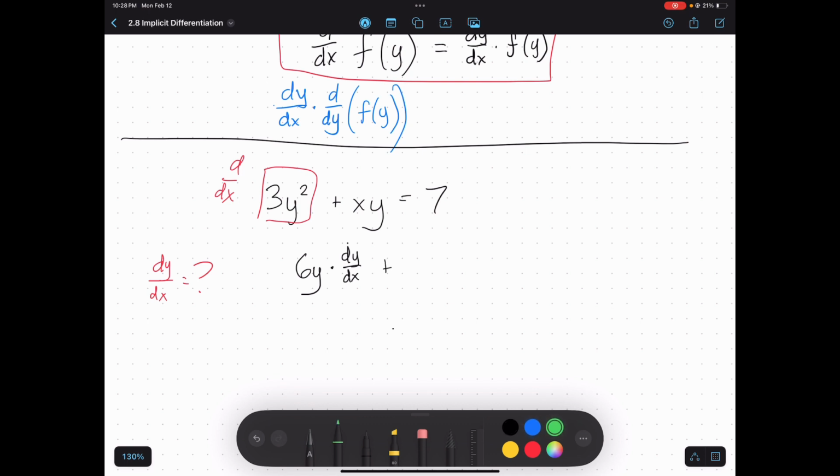What about this piece? How do I take the derivative of this? Because this term is in terms of both x and y. It has both of those variables in this term. Well, the key here is recognizing that I'm multiplying these two variables, x times y. With that in mind, I can use product rule.